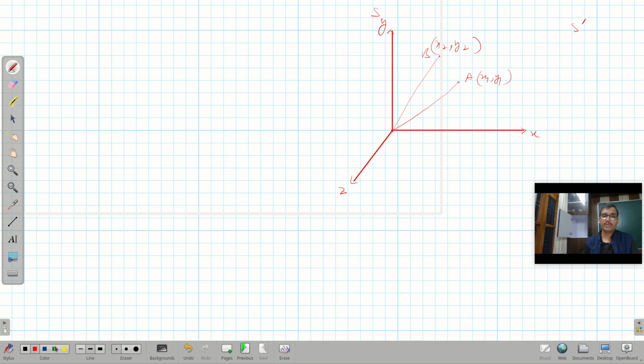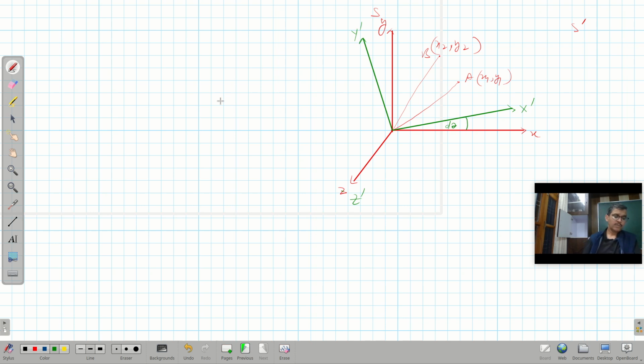The new frame has axes x prime and y prime, and it is rotated about the z axis, so z and the z prime axis both will remain the same, and say it is rotated through an angle d theta.